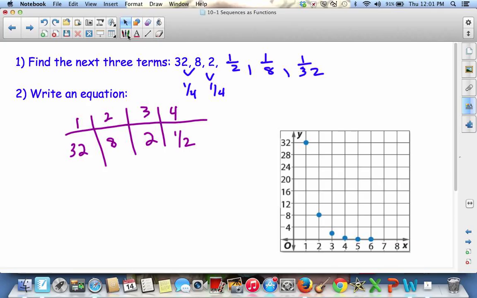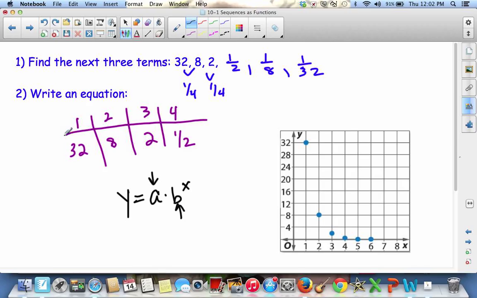Right, it's exponential. So exponential, remember, takes on the form of y equals a times b to the x, where a is your starting spot, and b is what we're multiplying by. So we need to figure out what our starting spot is. So what is it when x is 0? If we're multiplying by 1/4 as we go down our table, it'd be 128, because 32 times 4 is 128.